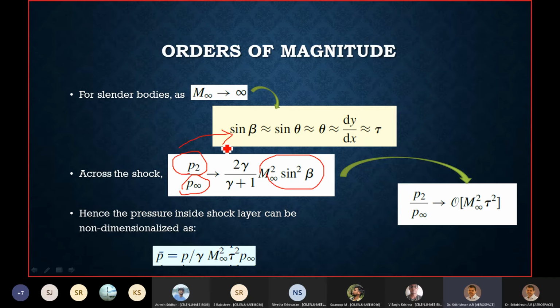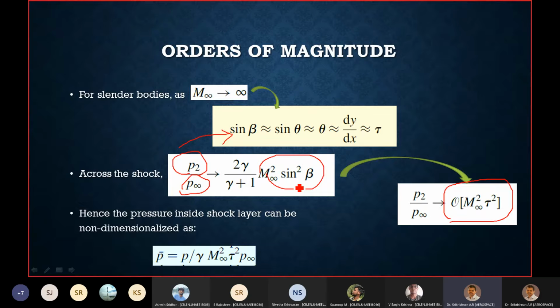So P2 by P infinity turns out to be of the order of magnitude of M infinity squared tau squared, because sine beta is almost equal to tau, so sine squared beta is tau squared. What multiplies it is 2 gamma by gamma plus 1, which can be considered to be of the order of magnitude of 1. So the product of two terms of order of magnitude 1 is again of order of magnitude 1.